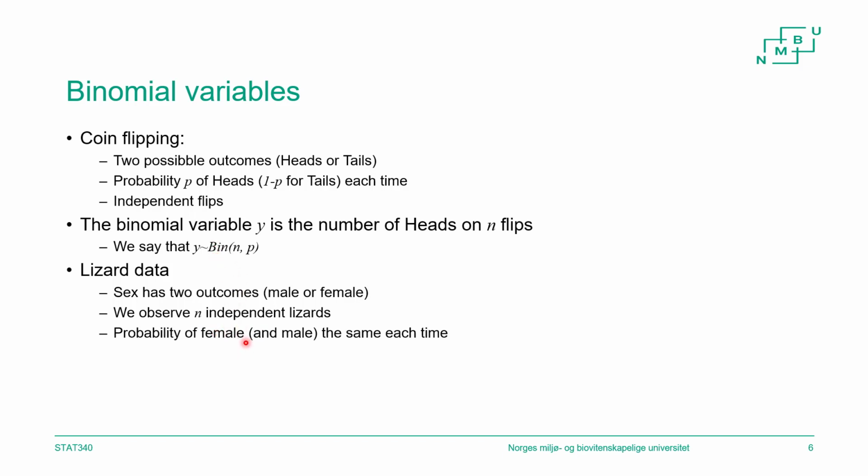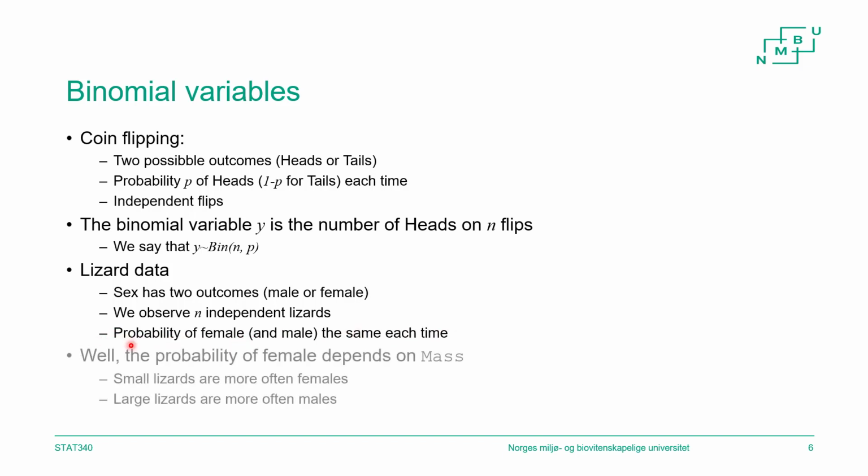But wait a minute, is this last one here really true? Well, the probability of female depends on the mass, doesn't it? That's what we saw in the previous slide when we plotted the data. We saw that if the mass is very small, we are to the left, then the probability of female is pretty big, because almost all the females are smaller than the males, right?